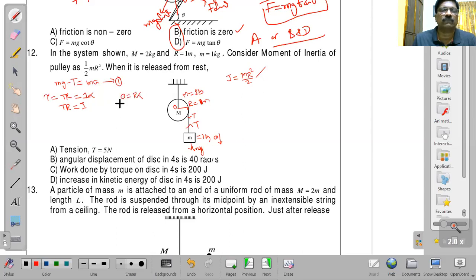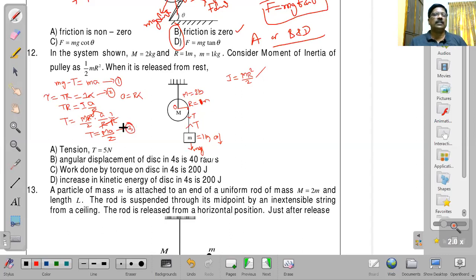So from this alpha is equal to A by R. From this, T is equal to I, given as capital M R square by 2, into A by R. Do cross multiplication, bring this R to the right, then 1 by R. So R square cancels. Then you'll get M A by 2, M into A by 2. This is equation 3. Of course, this is equation 2.